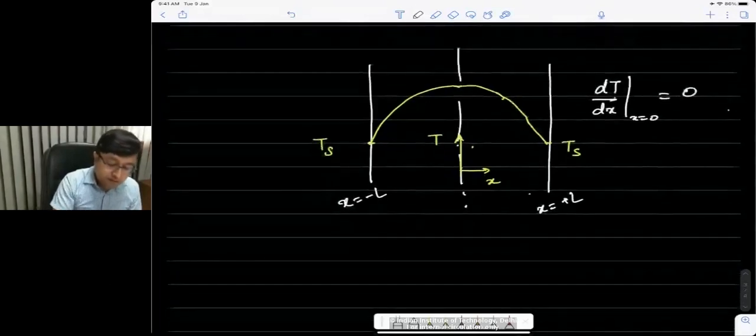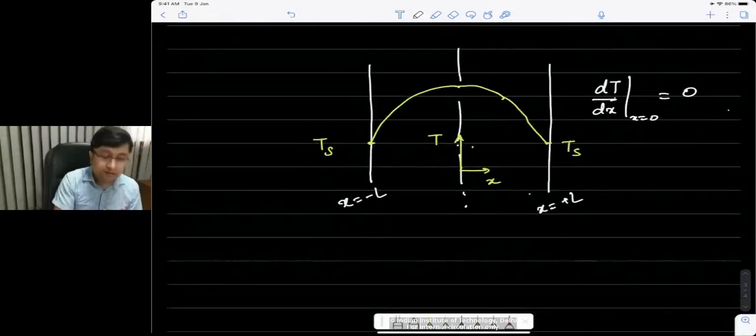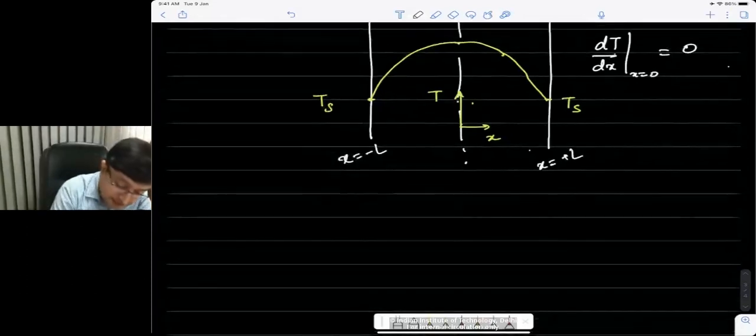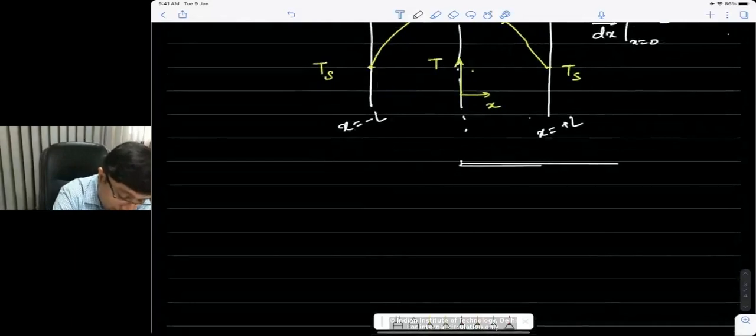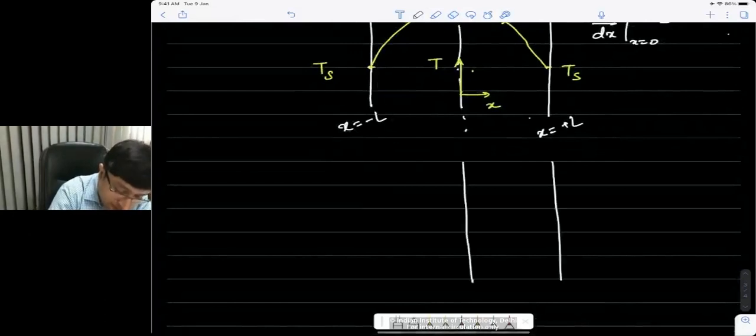So having a 0 slope at a particular point, in this case the center of the plate or the slab, basically means that this is equivalent to the problem that you may see if we have a geometry of this type.